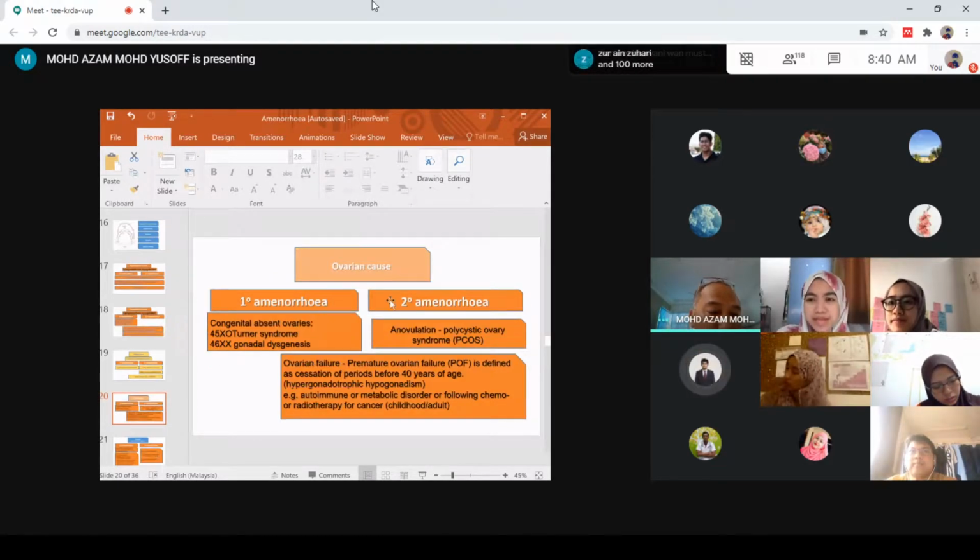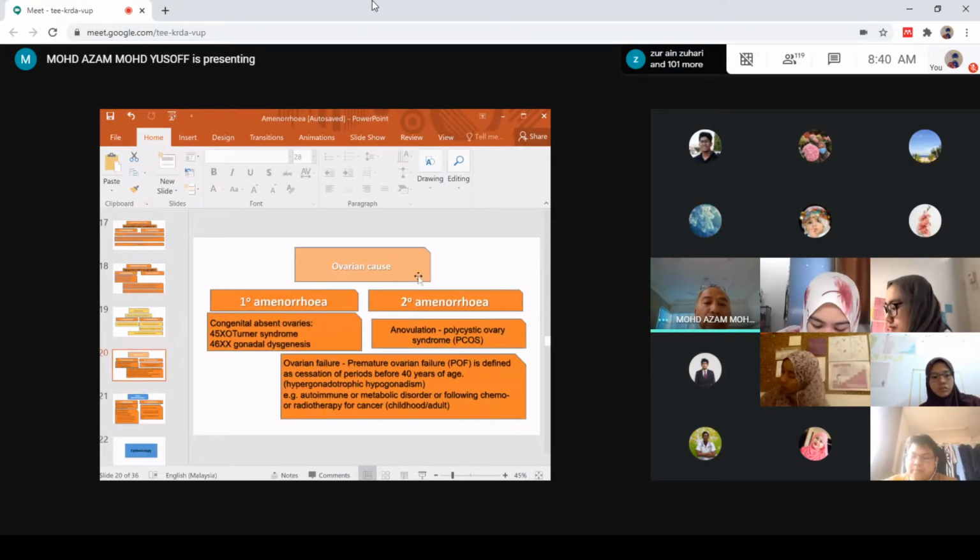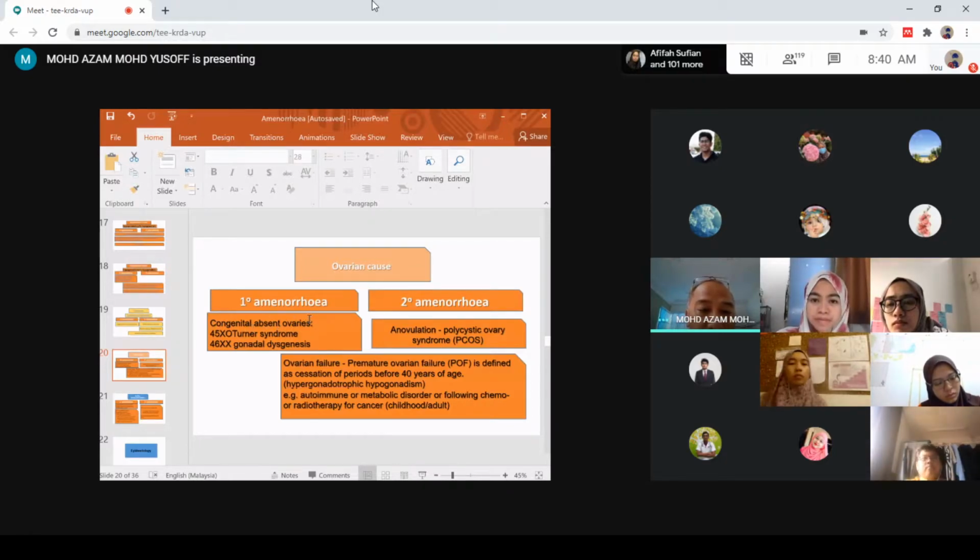All right, and then we go to ovarian causes. For primary amenorrhea, the ovarian cause is sometimes absence of the ovary, like in Turner syndrome, 45XO.